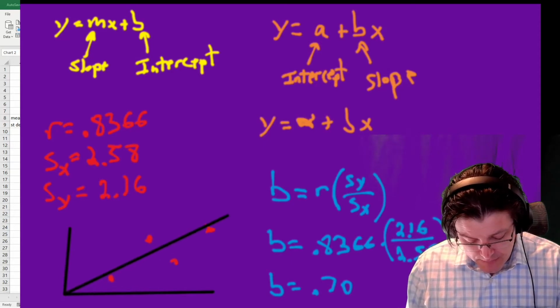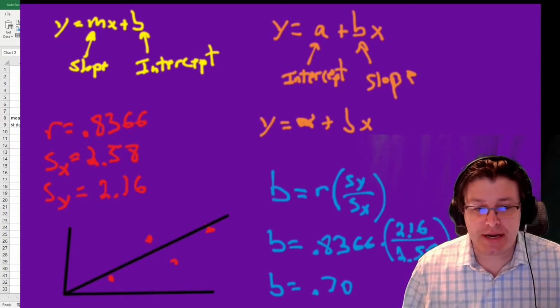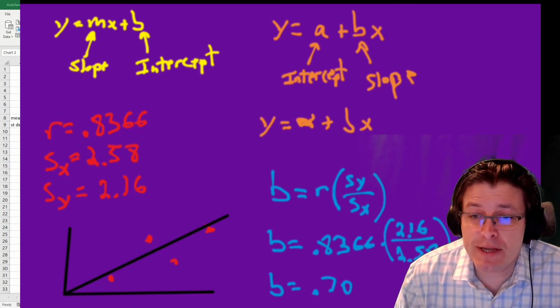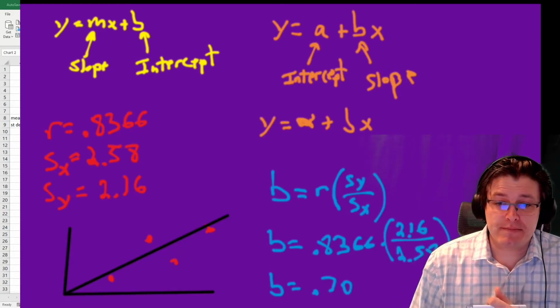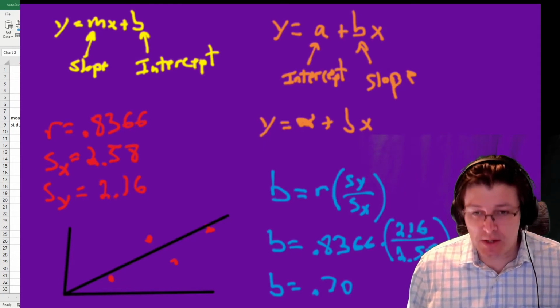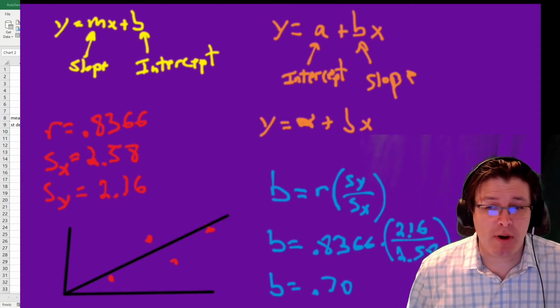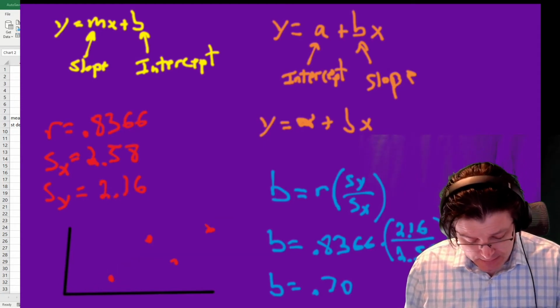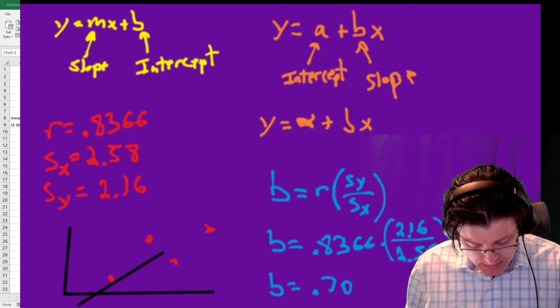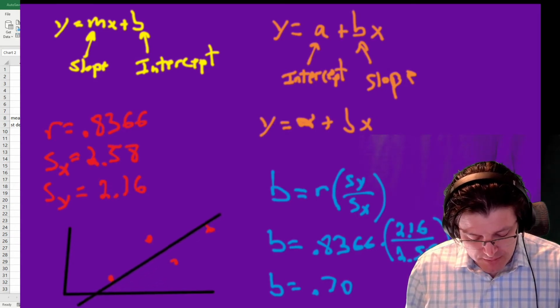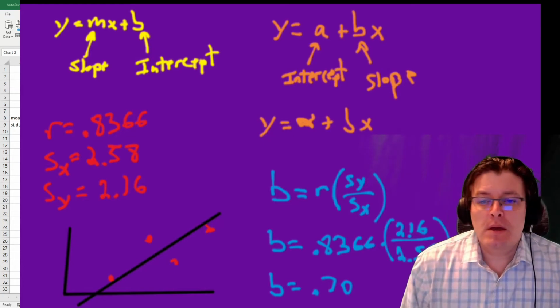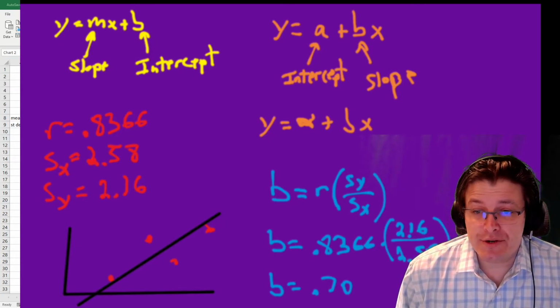Now I'm just roughly drawing this, because we don't know what the intercept is, and so it could be right at 0. It's probably not, so I'm going to actually erase that because that could be confusing. So how do we find the intercept?